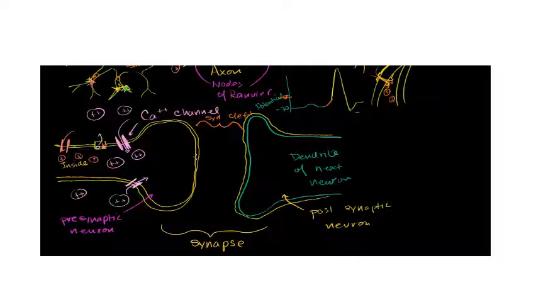It's a really small space. What we're going to deal with in this video is a chemical synapse. In general, when people talk about synapses, they're talking about chemical synapses. There also are electrical synapses, but I won't go into detail on those. This is the most traditional one that people talk about. Your synaptic cleft in chemical synapses is about 20 nanometers, which is really small.